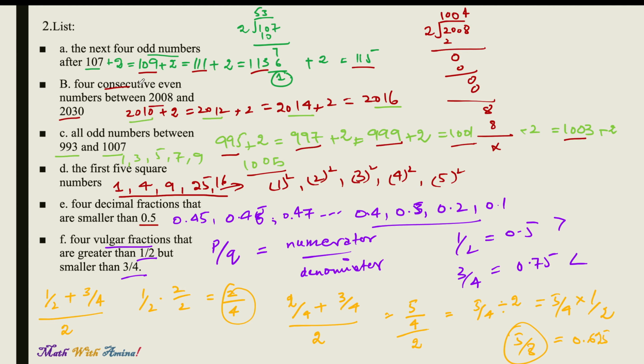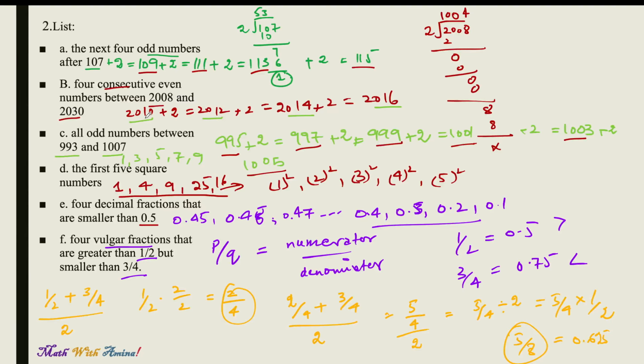So 4 consecutive means that we should not skip any even number in the sequence and write them one after another. So there is no gap between the even numbers that come between 2008 and 2030.